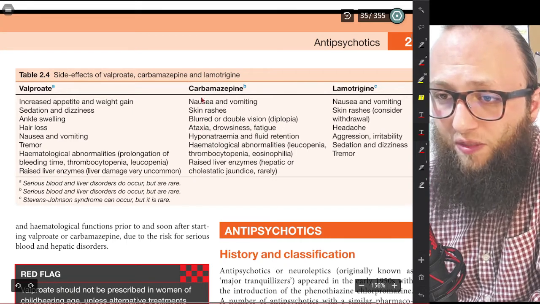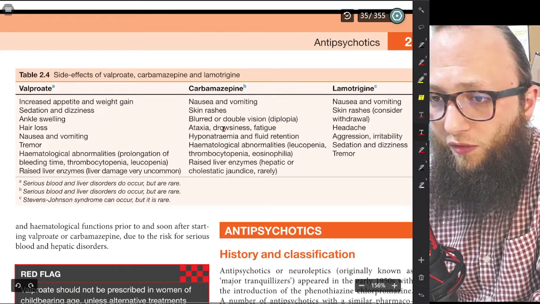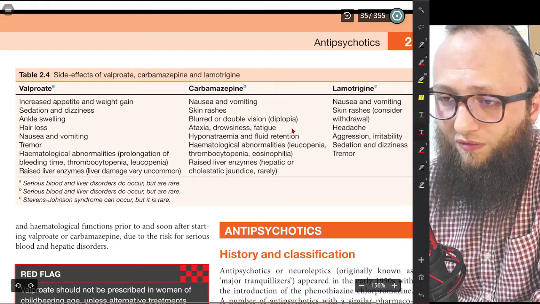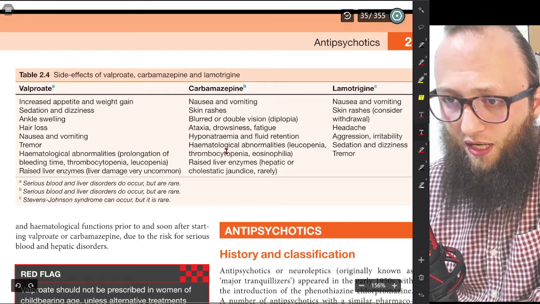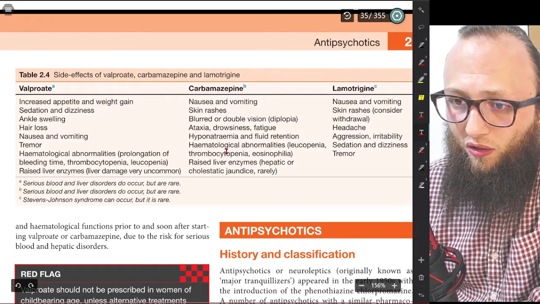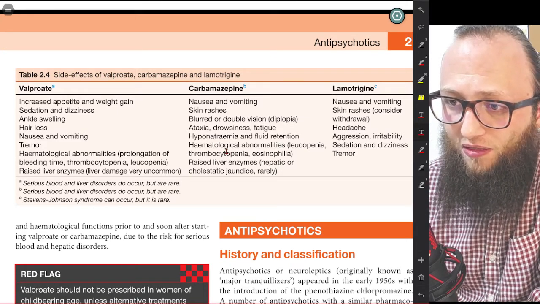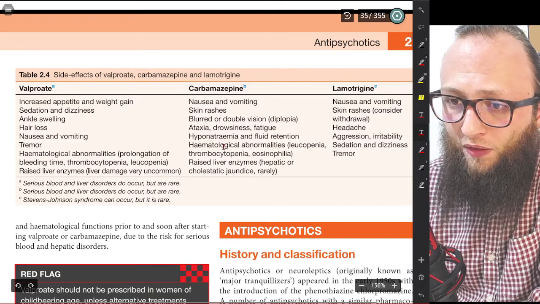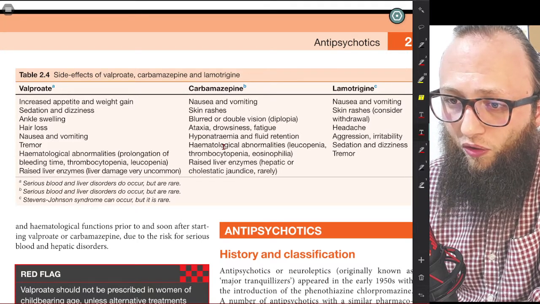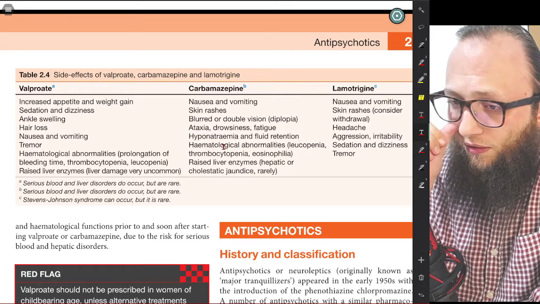For carbamazepine, nausea and vomiting, skin rashes, blurred or double vision, diplopia, ataxia, drowsiness, fatigue, hyponatremia, and fluid retention, hematological abnormalities, leukopenia, thrombocytopenia, eosinophilia, raised liver enzymes, hepatic or cholestatic jaundice, rarely.